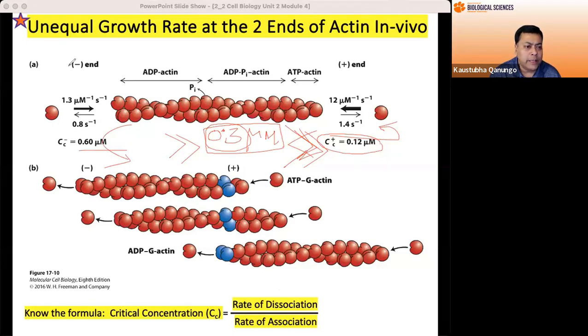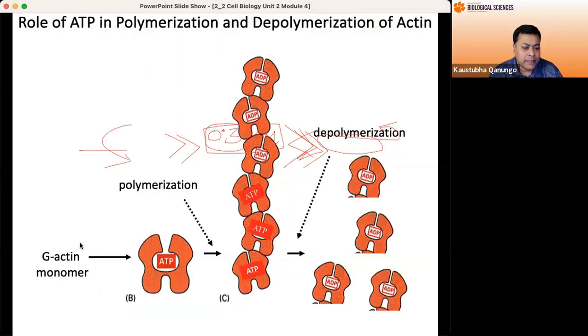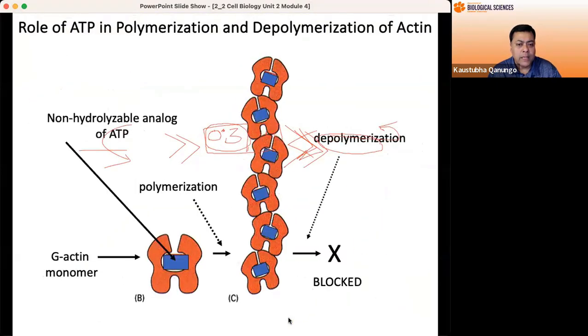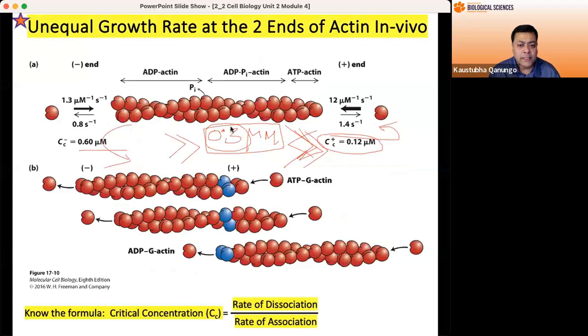And where do we get that from? If we just go back to the previous slide, right here, we get that when the globular concentration is greater than the critical concentration, G-actin will polymerize into F-actin until the critical concentration is reached. When the globular concentration is less than this, F-actin will depolymerize into G-actin. Remember that this value right here is the globular actin concentration.